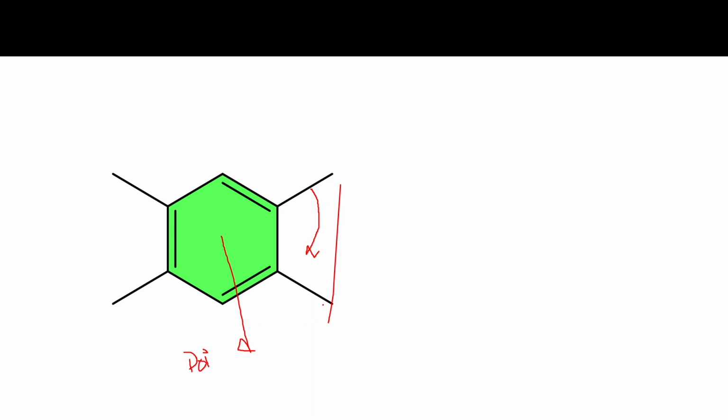If you rotate 120 degree, then what will happen? So this methyl will come here, and this methyl will come here. So are these indistinguishable or not?